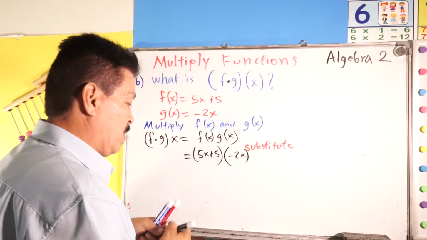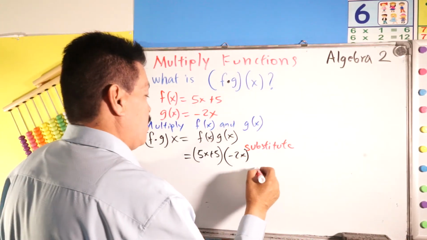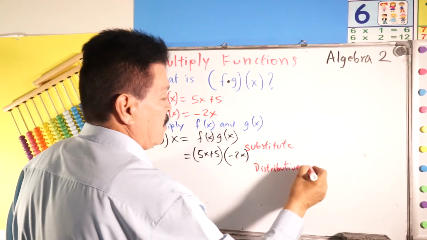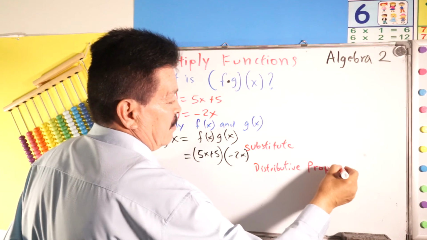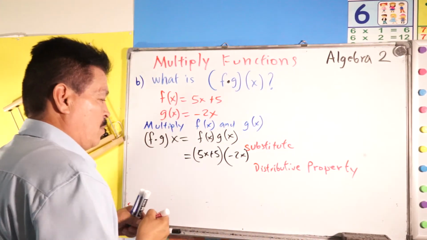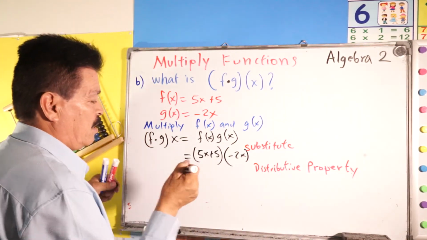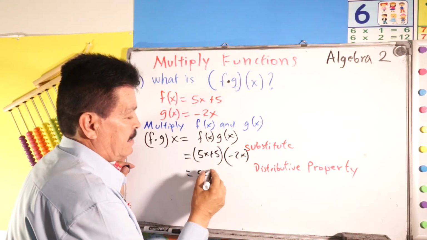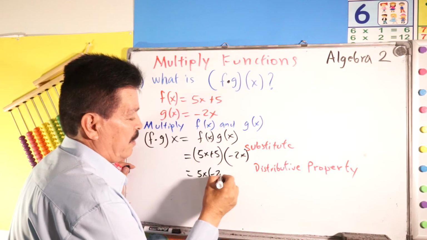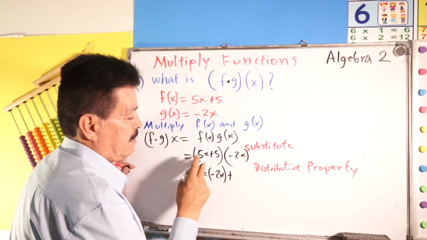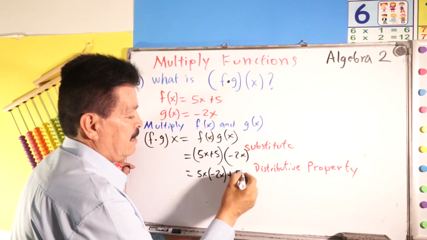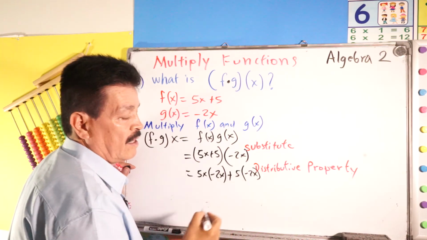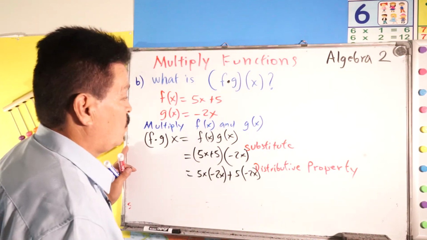Now use the distributive property. We will have 5x times negative 2x plus 5 times negative 2x. All right?